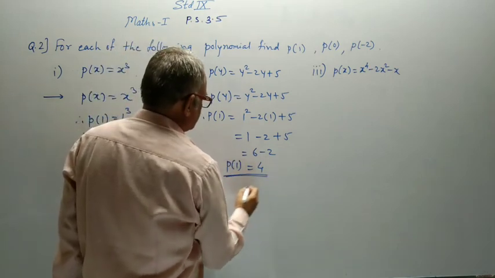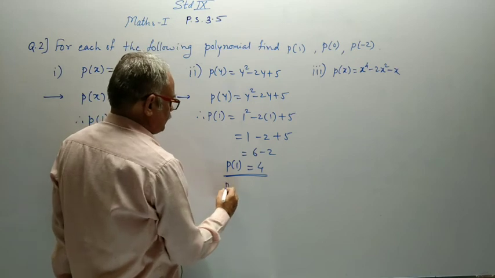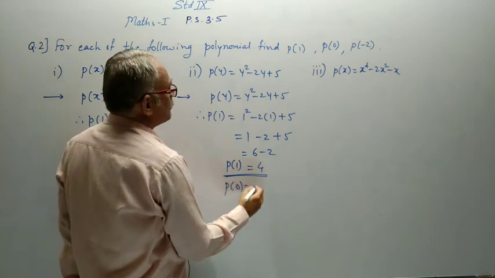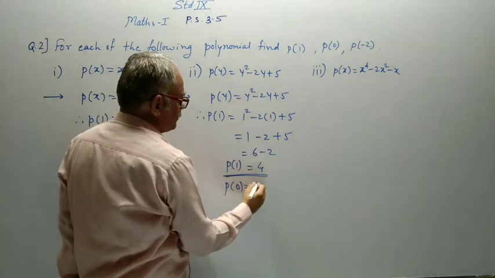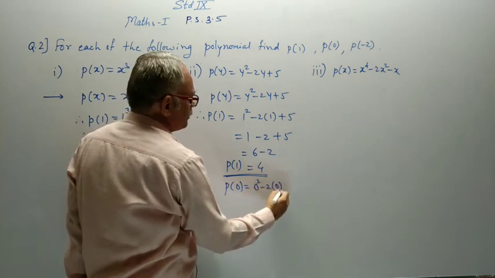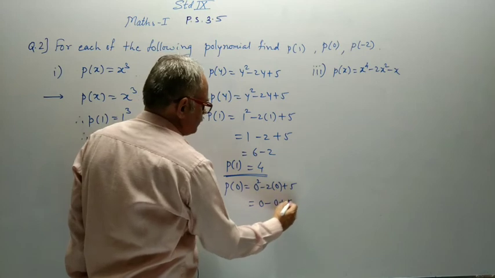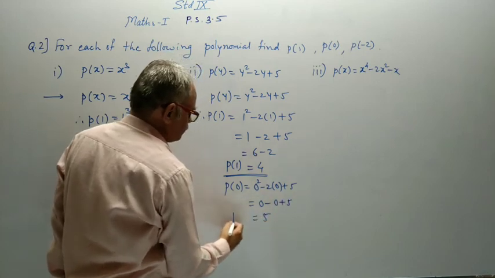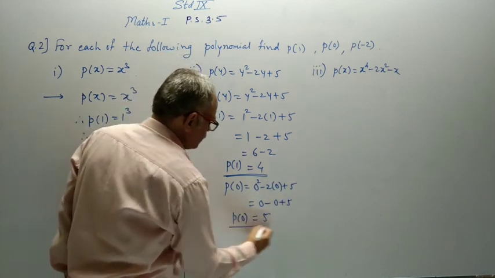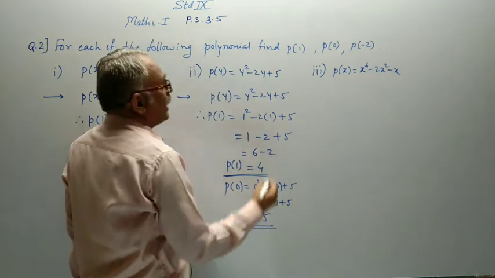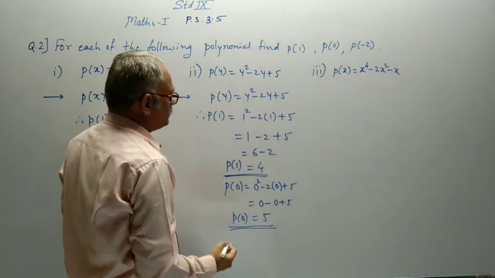Then p of 0. P of 0 is equal to 0 square minus 2 into 0 plus 5. 0 minus 0 plus 5, that is 5. And p of minus 2.